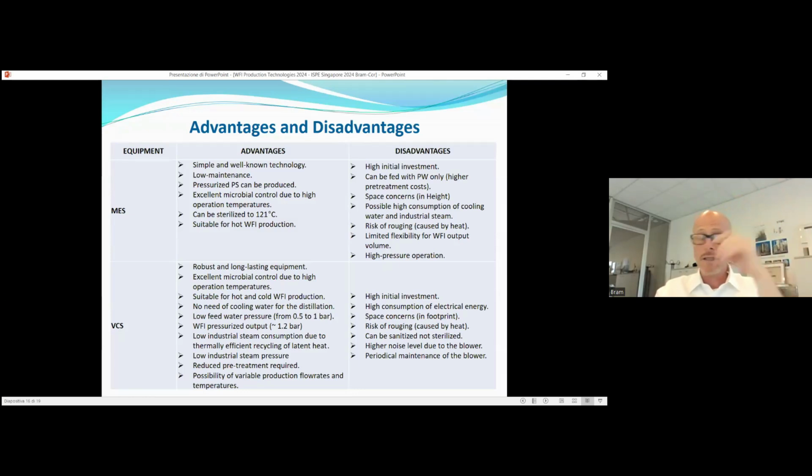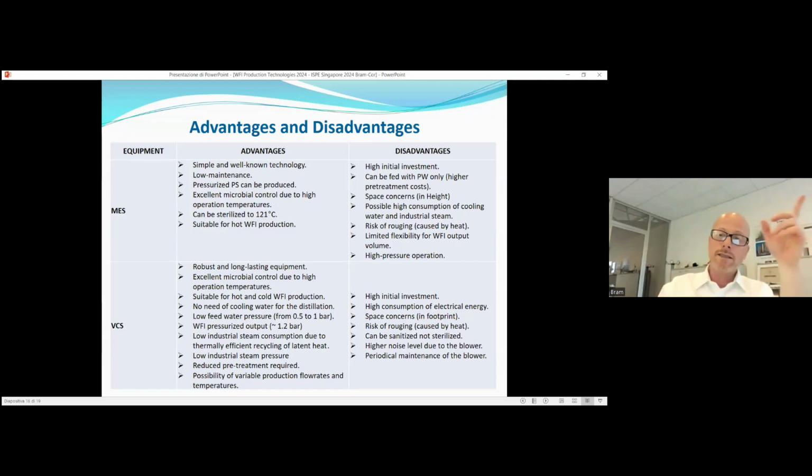The pretreatment, compared to the multiple effect or to the other system, is quite poor. As we say, the important thing is to remove silica, chlorine, chloramine, and hardness. And typically, when we have 200 microsiemens, you can enter the machine.